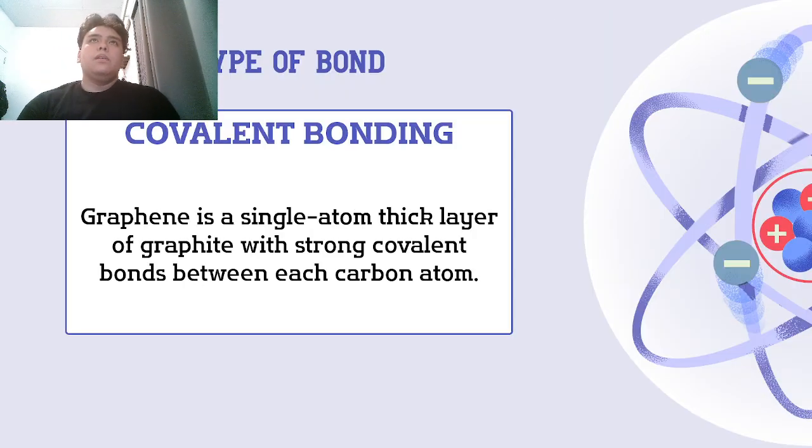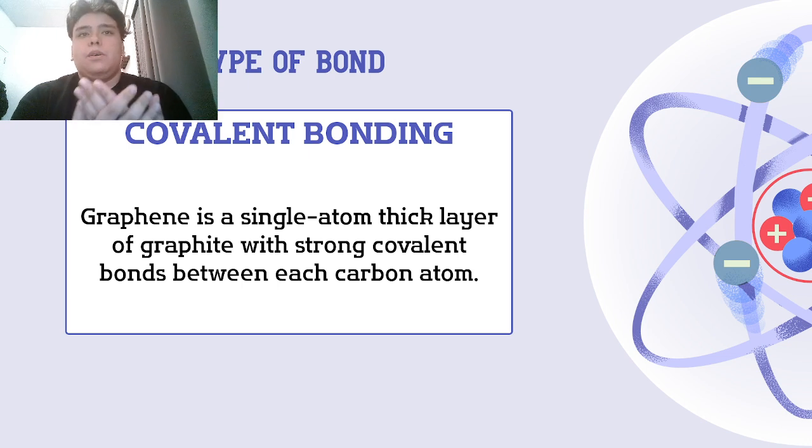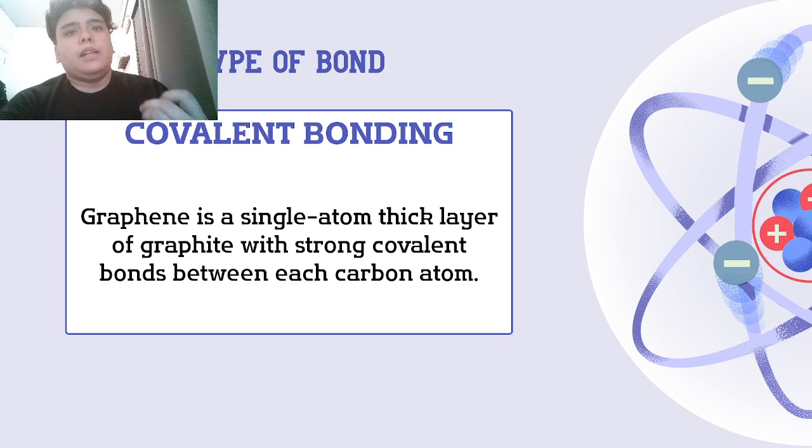So for graphite, it is a hexagonal lattice of covalently bonded carbon atoms. Graphene was sourced from graphite. Now, graphene is a single atomic layer of graphite with strong covalent bonds between each carbon atom.